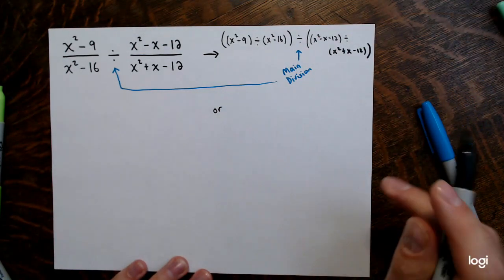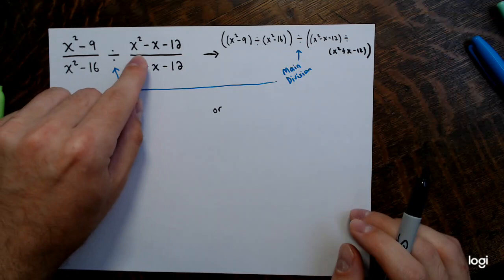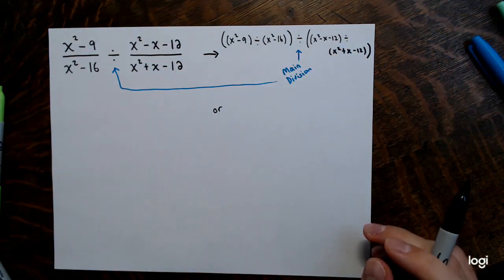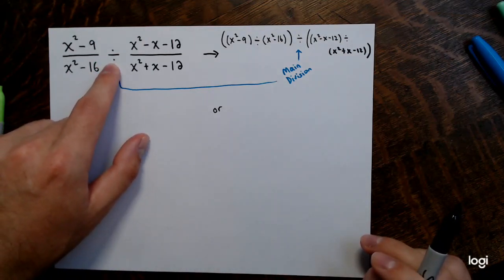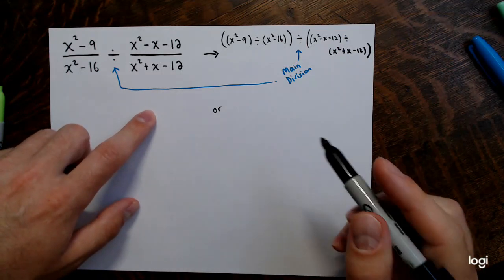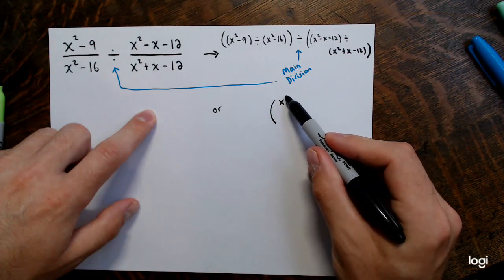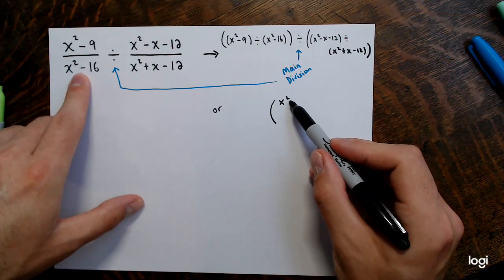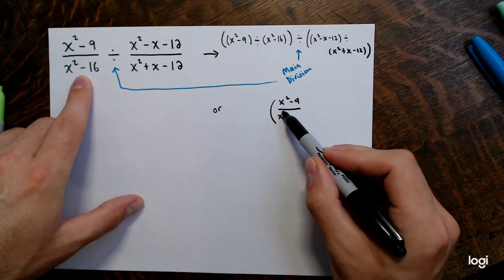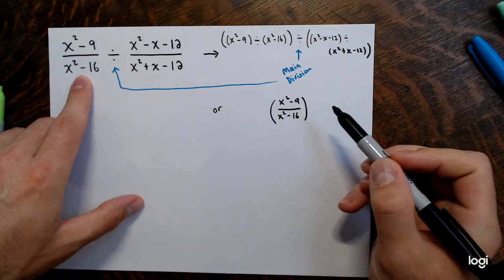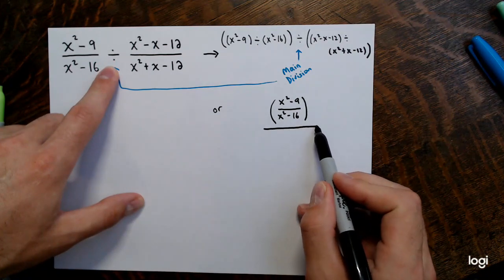Another way this could be written, I just want to point this out too. The way I wrote it here, I changed all the fraction bars to division signs, because a fraction is division. But I could also change this division sign to a fraction bar and make what's called a complex fraction. I write the dividend first, x squared minus 9 divided by x squared minus 16, and then change the main division sign into a fraction bar.